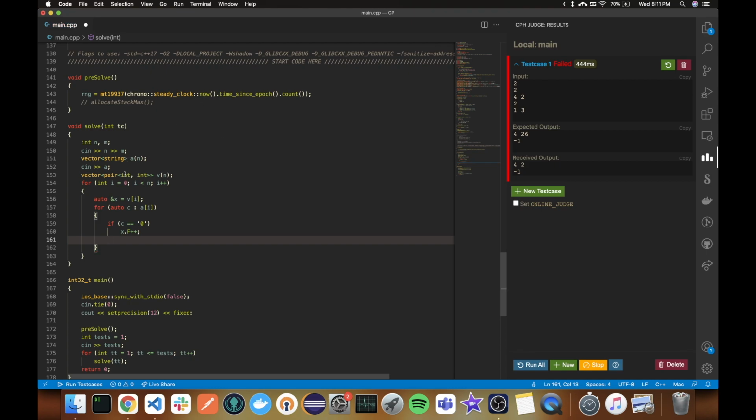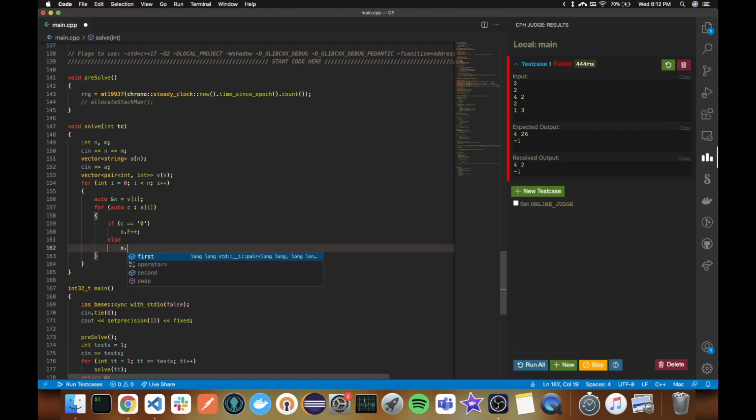So basically I'm storing the number of zeros and ones, and then calculating that. The first one represents zeros, the second one represents ones.